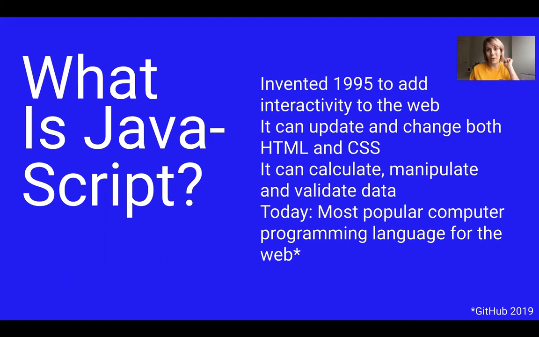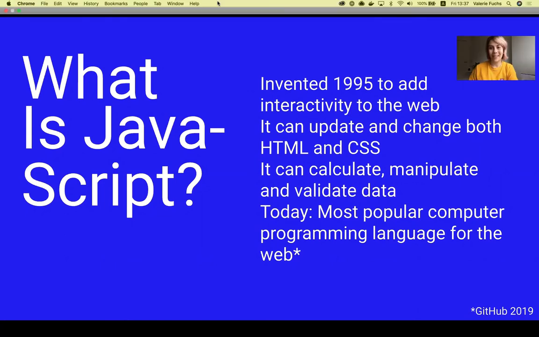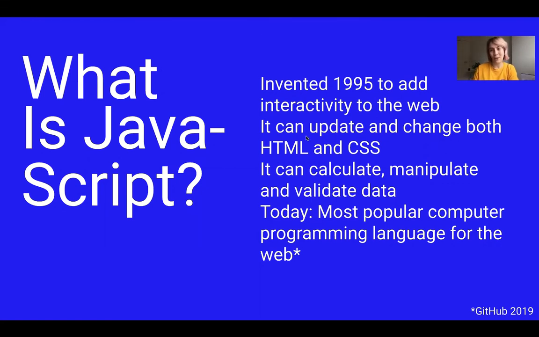And that superpower is that JavaScript can change and update both HTML and CSS, which makes it really fun and cool to work with. And finally, JavaScript is the most popular programming language for the web. So maybe you should get your hands on learning it. Well, that was the history part about it, but I'm sure you guys want to see a bit more of what I'm talking about. So let's look at some examples.